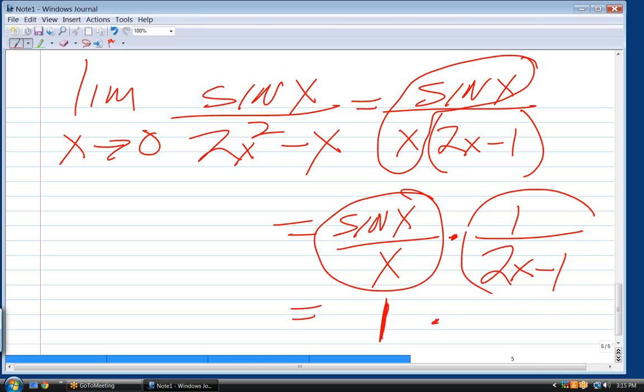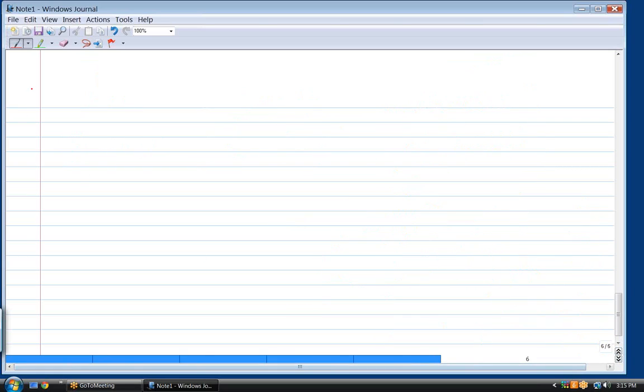What does this go to when we substitute x equals 0? 1 over negative 1, so negative 1. Which means the whole thing goes to negative 1. Okay, what else you got?